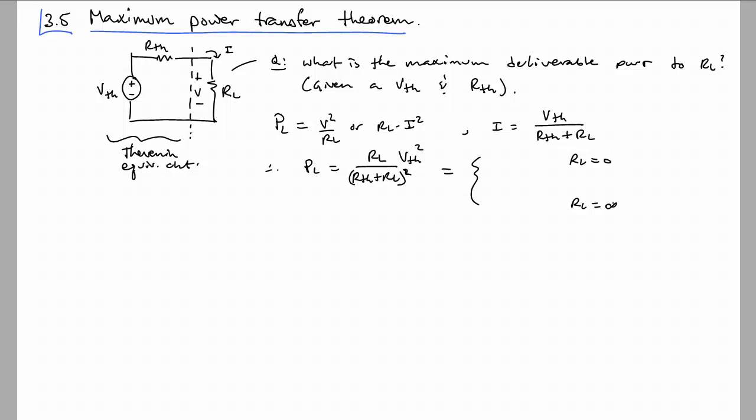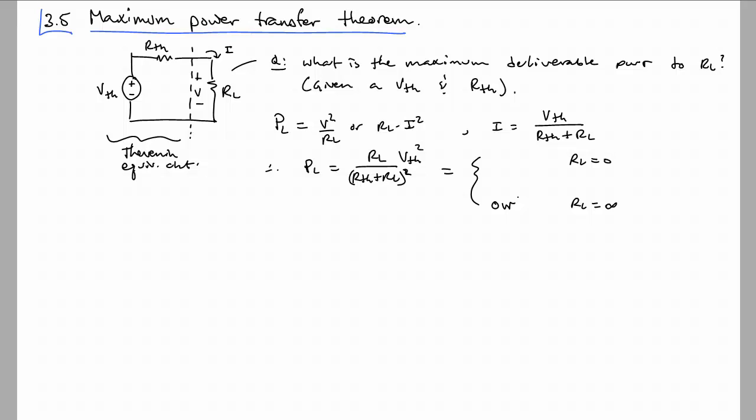What is the power delivered to it? Well, if RL is infinity, then its conductivity is 0, which means I is going to be 0. There'll be no current flowing through that resistor, and if there's no current flowing from the Thevenin source, then there's no power delivered. So at RL equal to infinity, the load power is going to be 0. No power is delivered to the load.